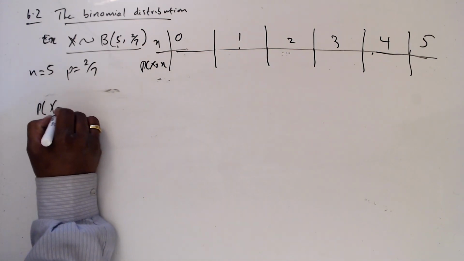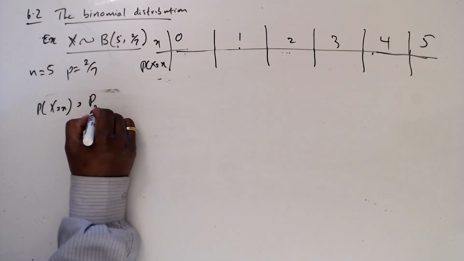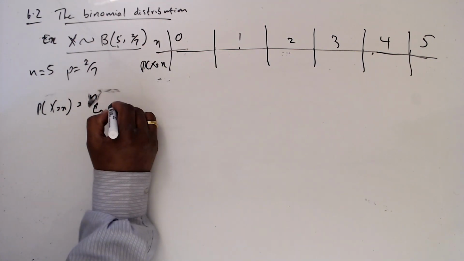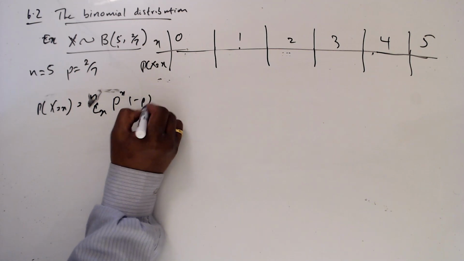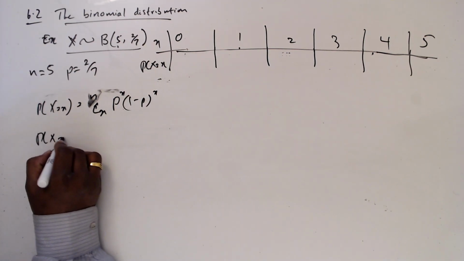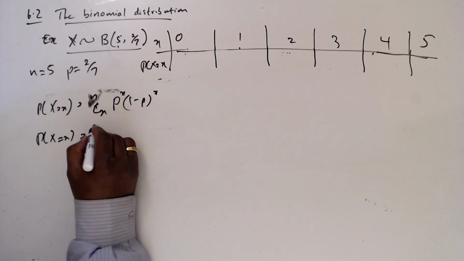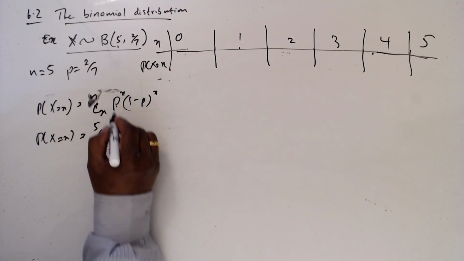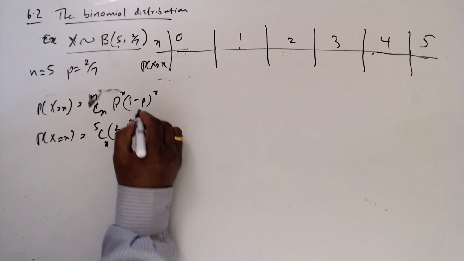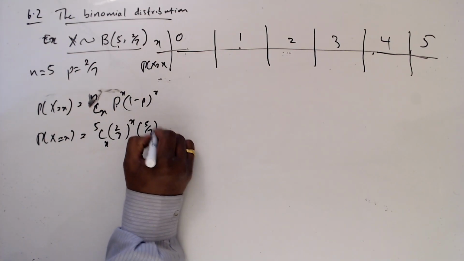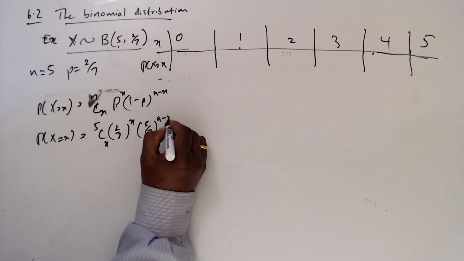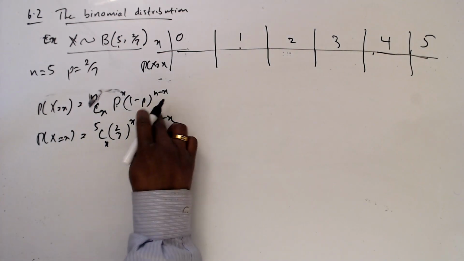The probability of x equal x is nCx p^x (1 − p)^(n − x). So this is going to be the probability of X = x. n is 5, nCx, p is 2 over 7 to the power x, and 1 minus p is 5 over 7 to the power n minus x. n is 4.